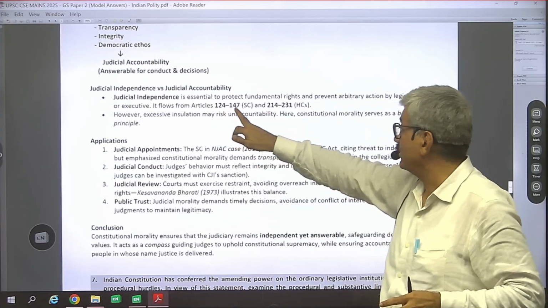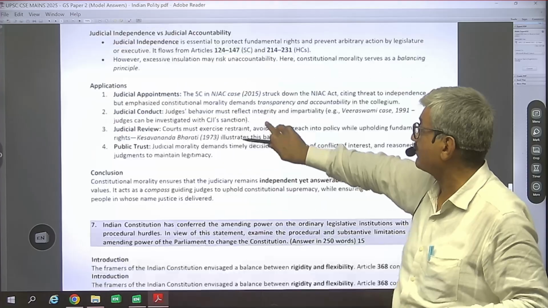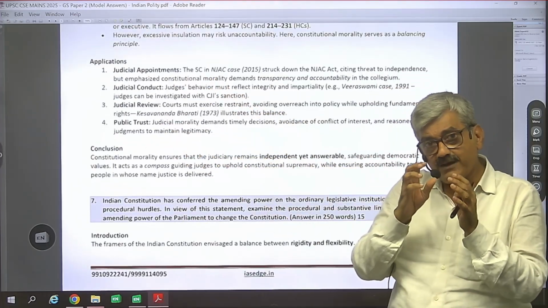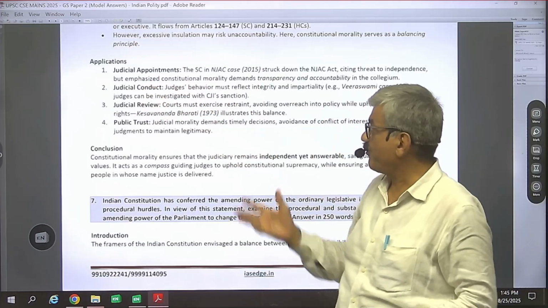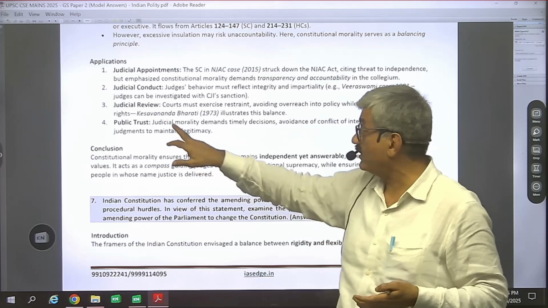And Article 224, Article 147, the Supreme Court, we all know these. These values are to be applied in appointment, judicial conduct, judicial review, and public trust is very important.